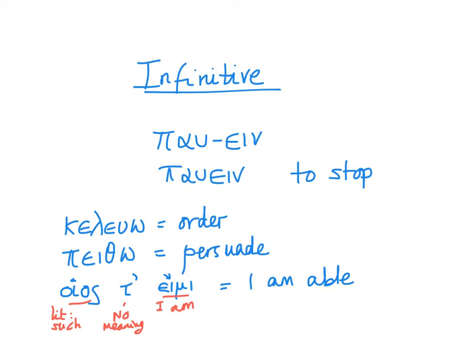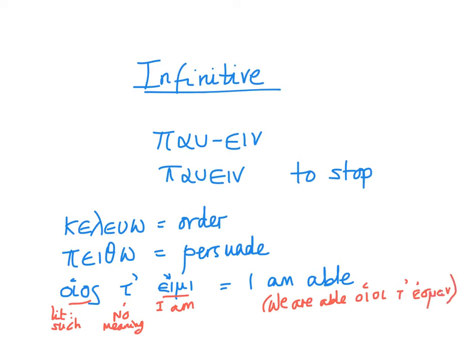Hoios is an adjective, and so it's going to change its ending depending on whose person the verb is. So supposing we wanted to say we are able, I'd have to make that hoios plural, and so you would actually get hoioi, that's changed, the ending. I'm going to keep that te, that never changes. And I need now the form for we are, which is esmen.